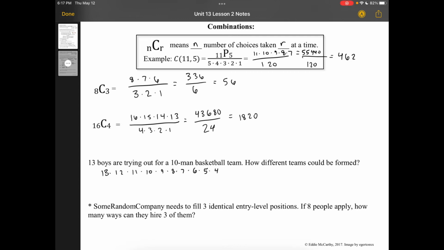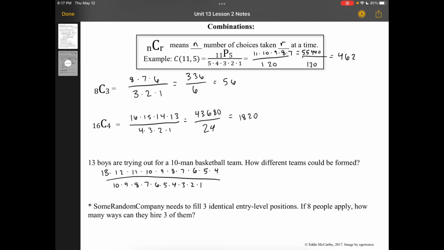Yep. And then we divide that by 10 times 9 times 8 times 7 times 6 times 5 times 4 times 3 times 2 times 1.